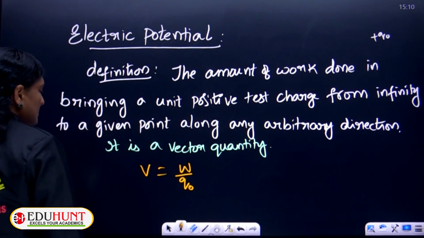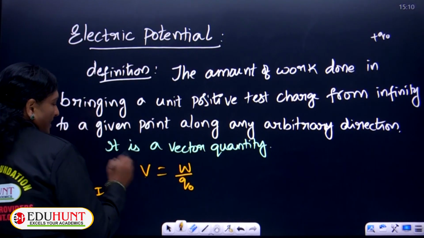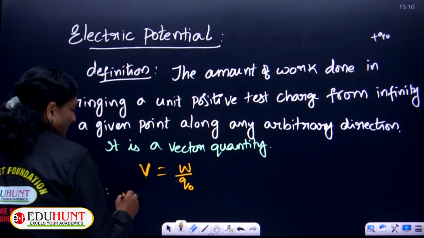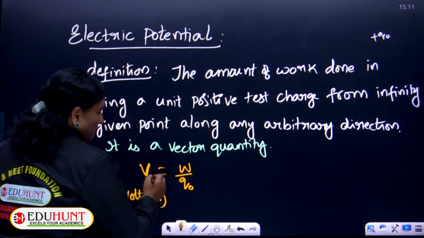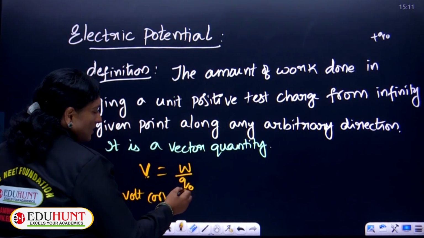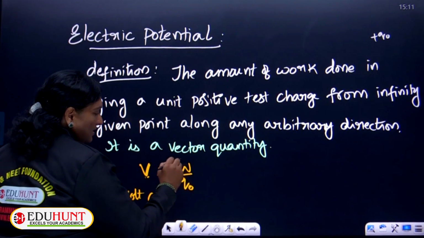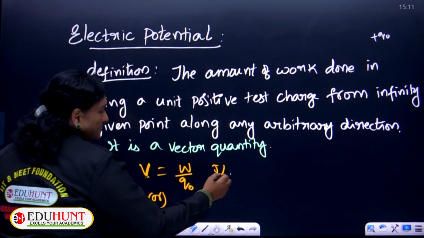Now the units. The SI unit of potential: potential V is measured in volts. Volt is nothing but work done per unit charge. Work is measured in joule and charge is measured in coulomb.